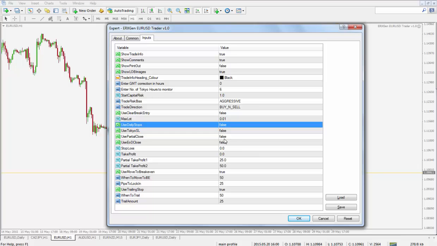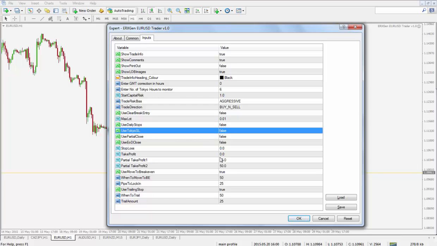But take note, you've got to leave use daily stops as false, and use Tokyo SL stop loss as false. Take profit is the same. The user can manually enter a target in pips from the entry price. Partial take profit 1 and partial take profit 2 we've already talked about.